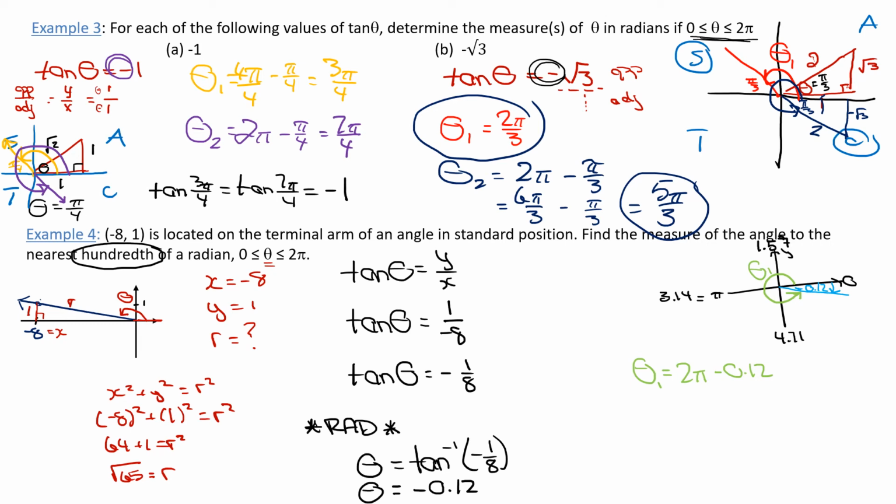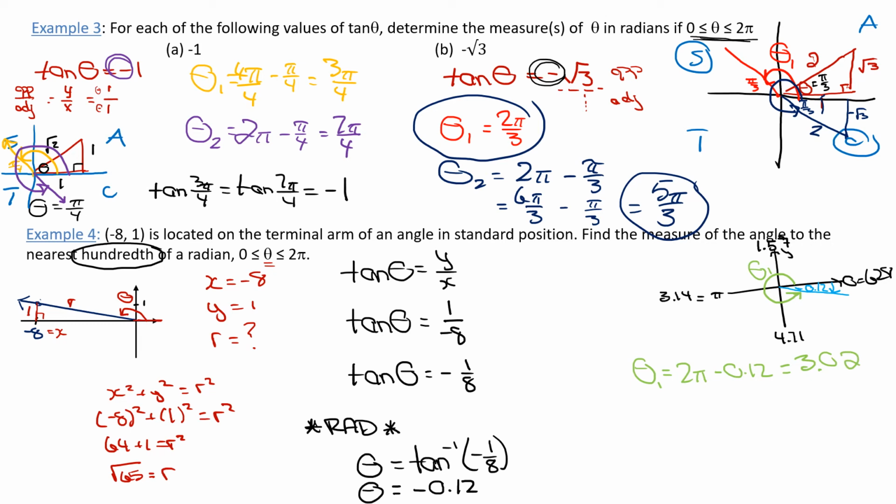That would be my 0. So we subtract these two here, and so that 2 pi, you're going to do 3.14 times 2, 6.28. I can put that over here. That's also 6.28. So I subtract 0.12 from 6.28, and I'm getting 3.02.